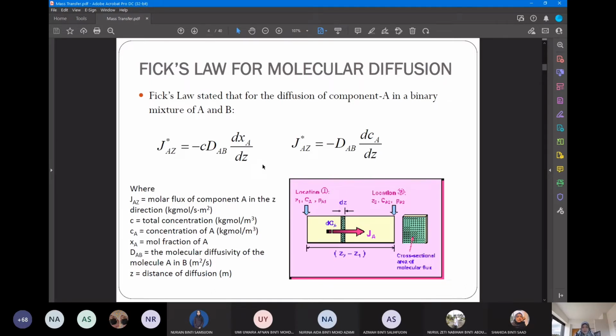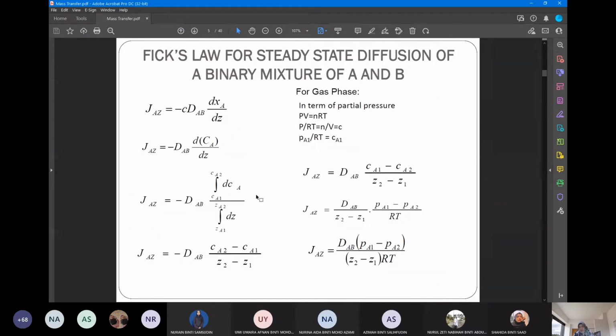So when you proceed to the next theory, don't just simply say that if the question doesn't give you what you want, you cannot do the calculation.